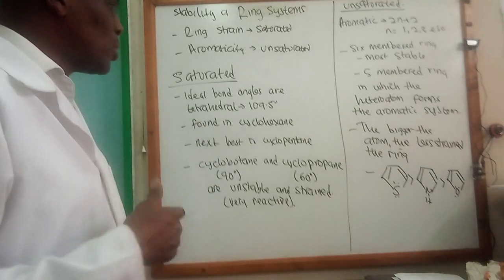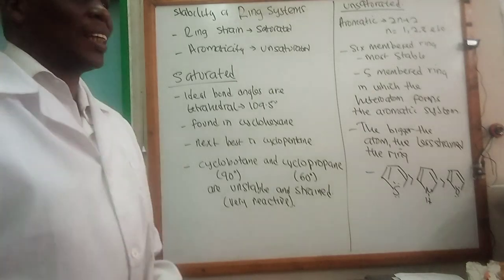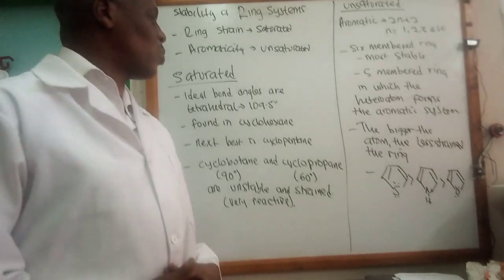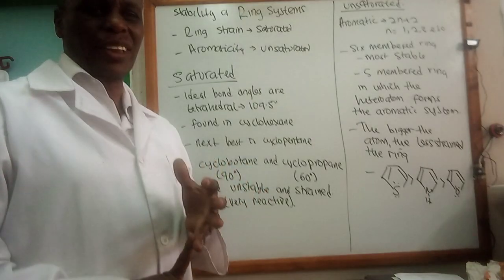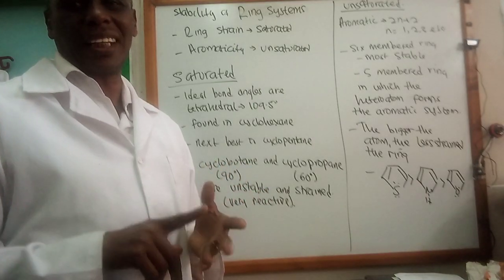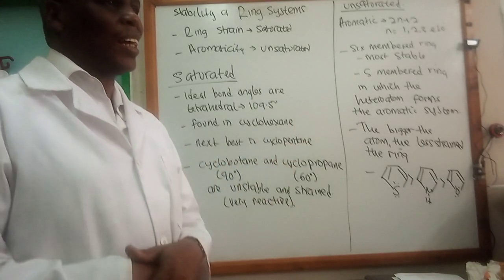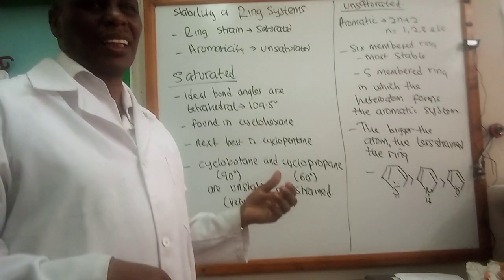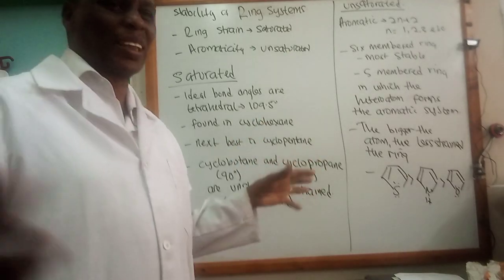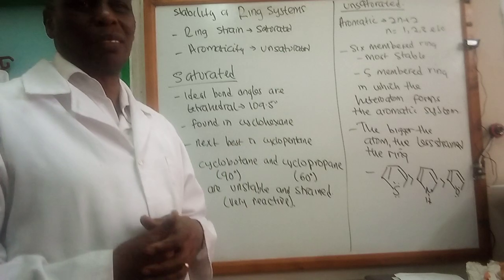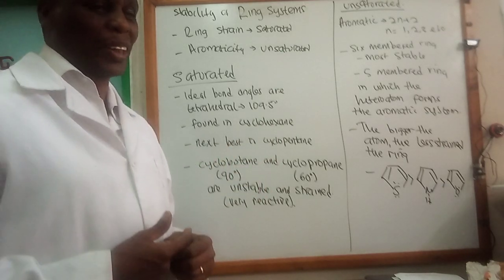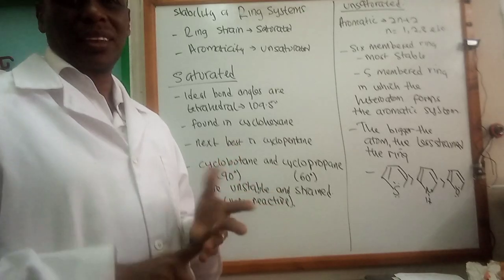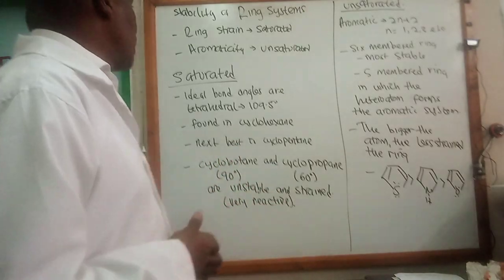But now we're talking about heterocyclic, and in this course, the common ones we are going to be studying are the ones containing nitrogen, oxygen, and sulfur only. There could be other atoms like silicon, phosphorus, and the rest, but that's going to complicate things. So we're just going to restrict ourselves to the three atoms: oxygen, sulfur, and nitrogen.